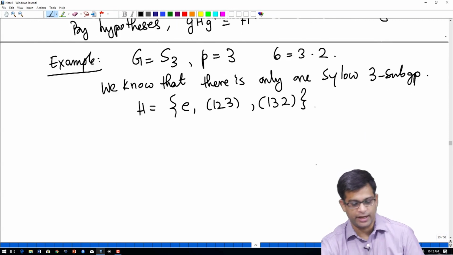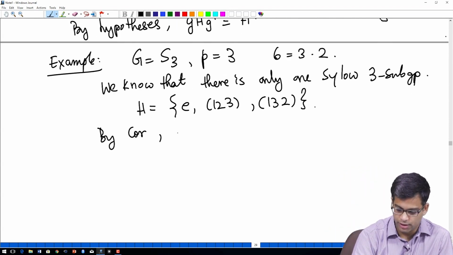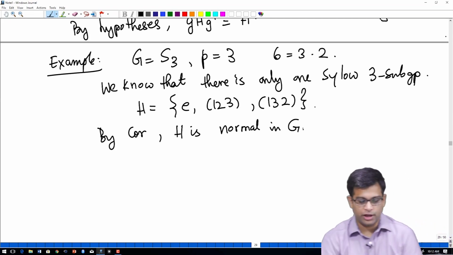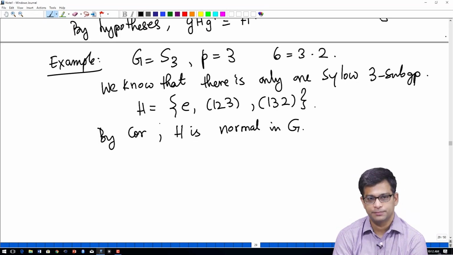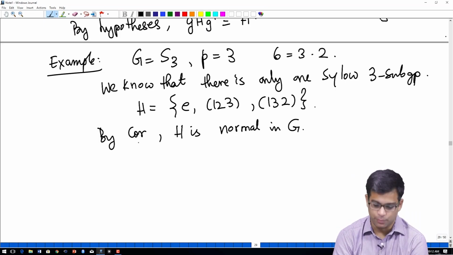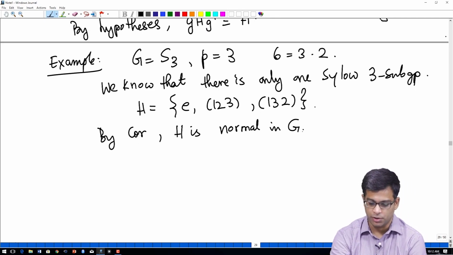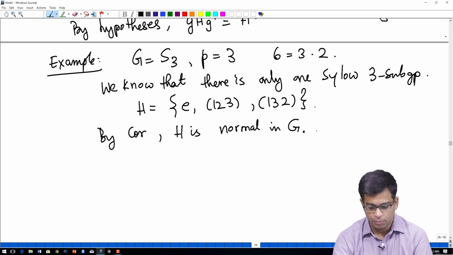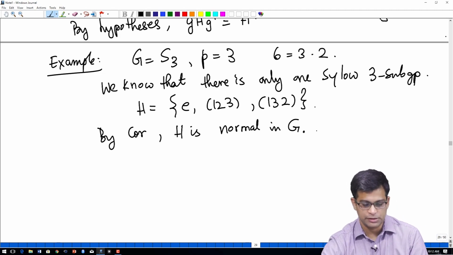Of course, in this case we can directly check that H is normal, but it follows from the corollary that H is normal. Note that any conjugate of H is a subgroup of order 3, hence it is a Sylow 3 subgroup, but there is only one such thing. So, H is normal. In this case it is also clear directly, but I wanted to give a simple example, and we will see more examples later.